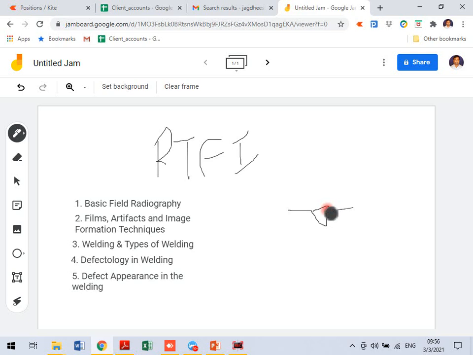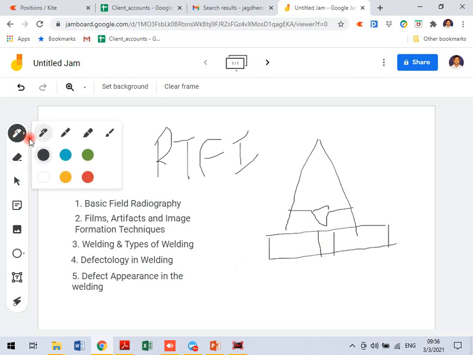Now you are saying that there is radiation coming here, right? And this is the film. So how is the image formed? It is formed like this, right? And this is darker, this is black. This is a little white. In this white there are some black, some white, right? So why is this formed?